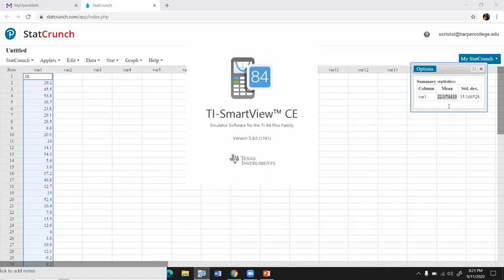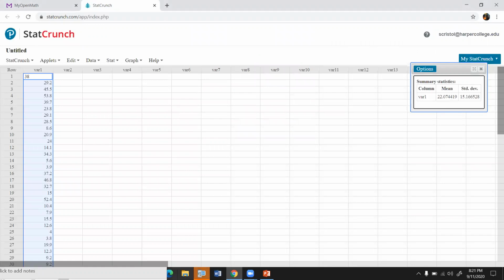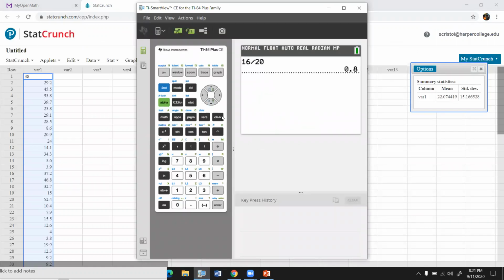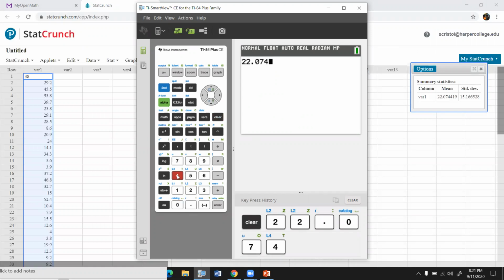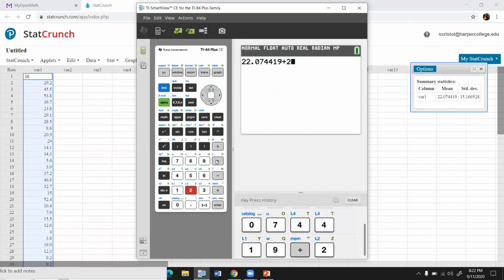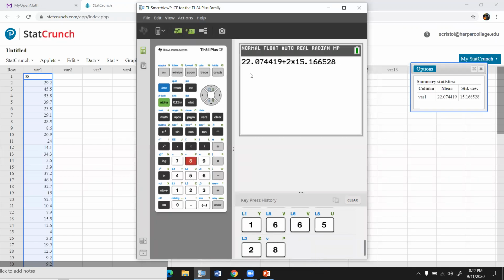And I will simply add 22.074419 plus 2 times 15.16658, and this is the upper limit. So this is the mean plus twice the standard deviation. Hopefully I made no mistakes.